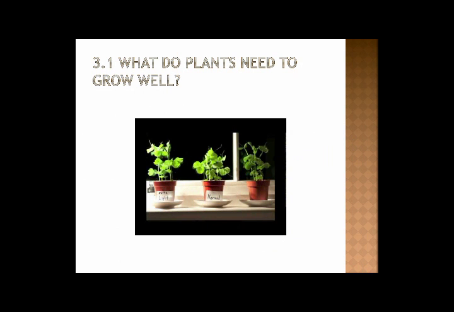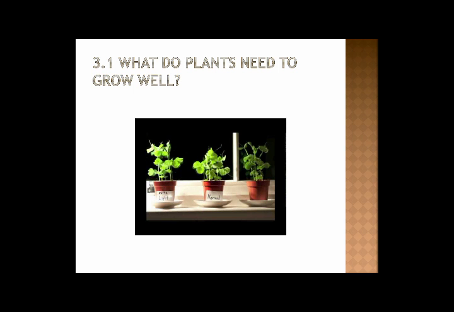So here is a picture in front of you. In fact, the picture is also present in your book on page number 54. So dear students, what do you think? What actually plants need to grow well? According to this picture, we have 3 pots with plants in front of us.